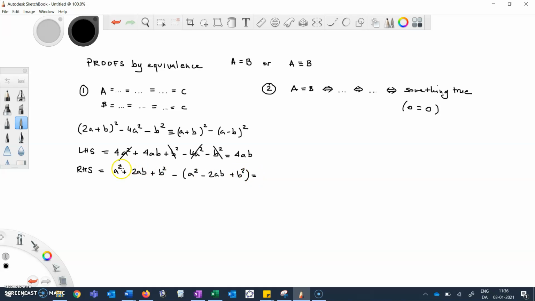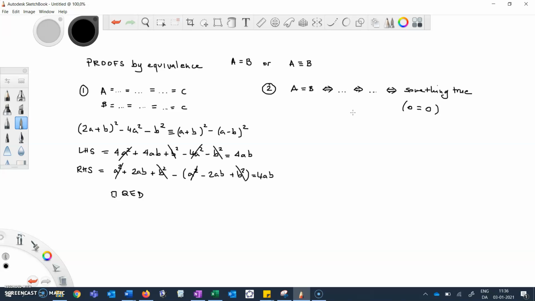And then again, here, a squared cancels out with this one, b squared cancels out with this b squared, and what I'm left with is 4ab again. So I have proven that the right-hand side is equal to the left-hand side using the equivalence to another statement that is the same for left-hand side and right-hand side.